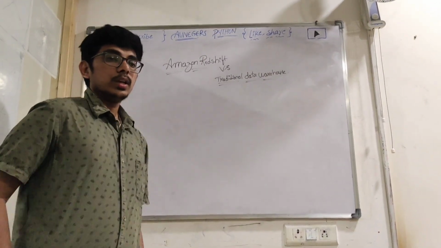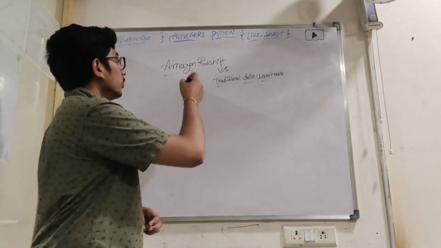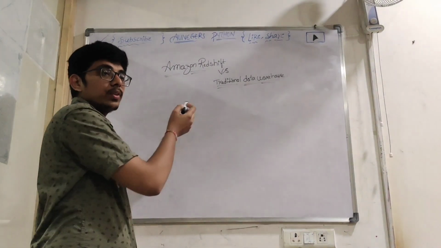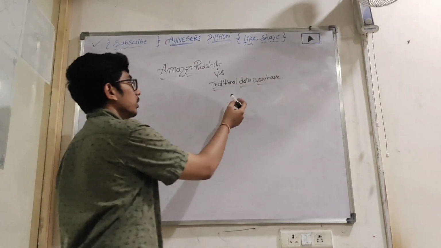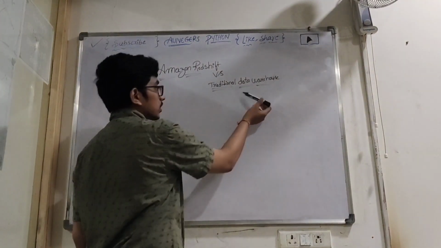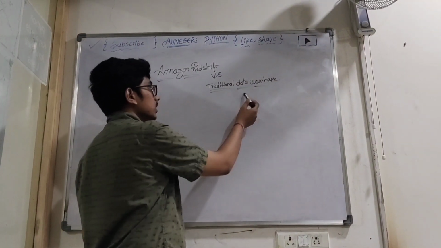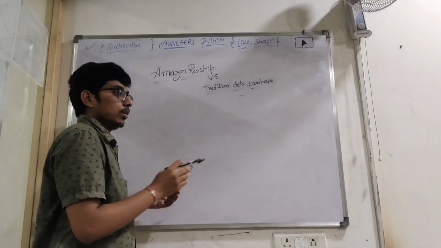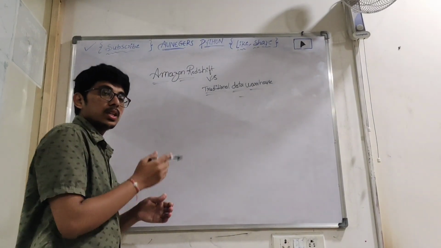You have inbuilt services like S3 and Lambda in Redshift, but there is nothing inbuilt in a traditional warehouse. We will integrate that from other sources. That is the difference.